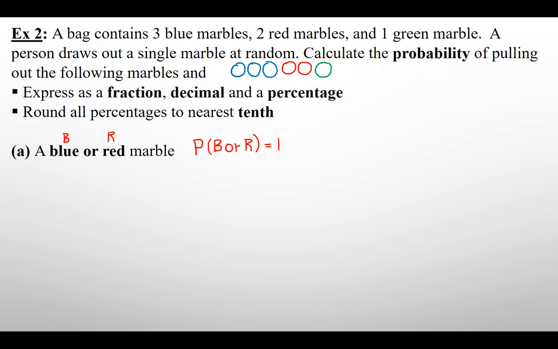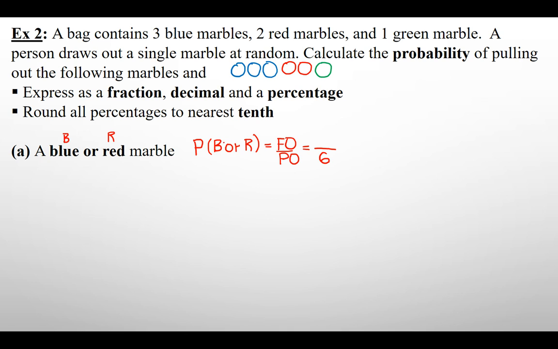Okay, that's equal to the number of favorable outcomes divided by the number of possible outcomes. How many possible outcomes are there? There's 6 different marbles you could pull out, so that would be 6 for possible outcomes. Now, how many favorable outcomes could you get? Well, what this is saying right here is that it is acceptable to have blue or red.